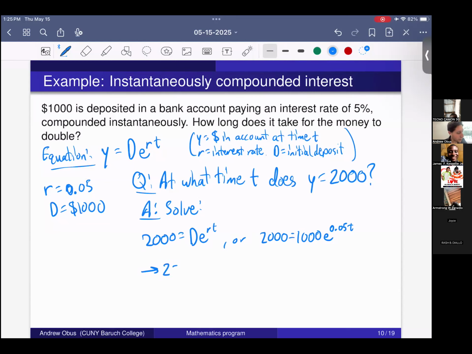Divide both sides by 1,000: you get that 2 equals e to the 0.05 t. Take ln of both sides: ln of 2 equals 0.05 t. That tells us that ln of 2 divided by 0.05 is equal to t. It should be about 14 years. So ln of 2 divided by 0.05 gives you that t is roughly 13.86 years.